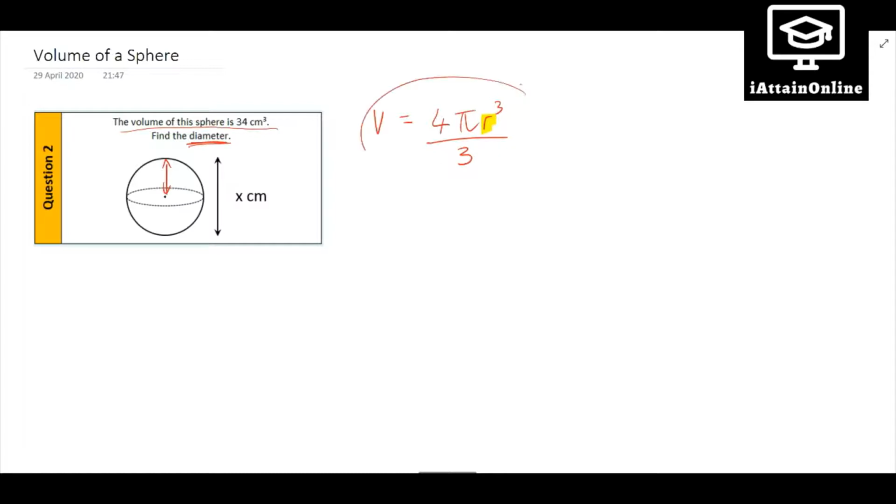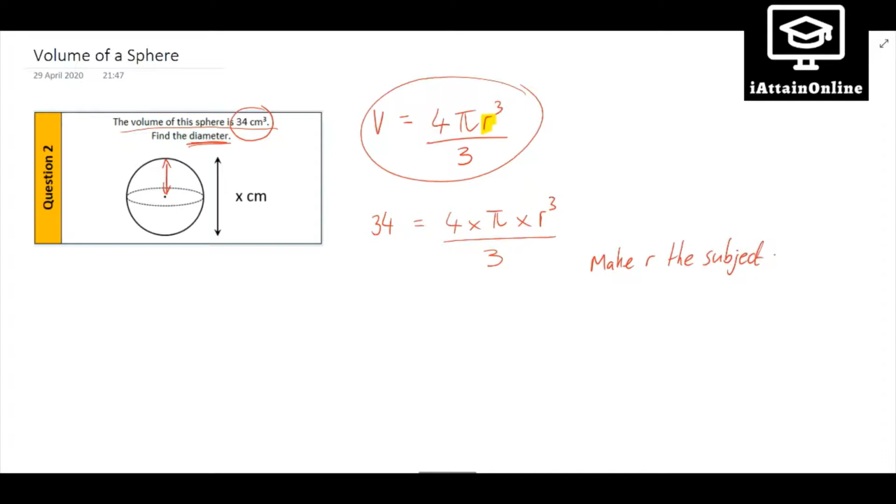But we have to work with this formula. So in this case, I'm told that 34, that's my volume here, is equal to 4 times pi times r cubed, all divided by 3. Now I want to make r the subject.